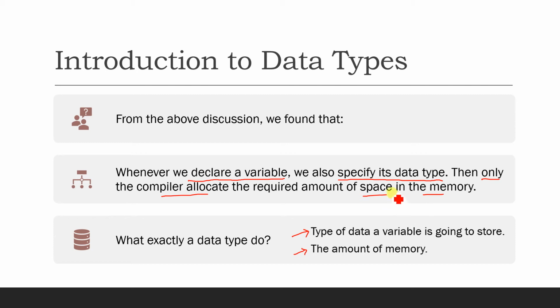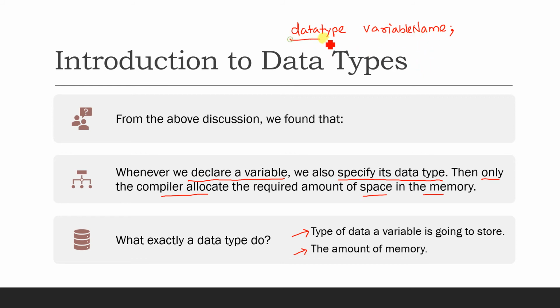The declaration takes the form: first write the data type, then the variable name.